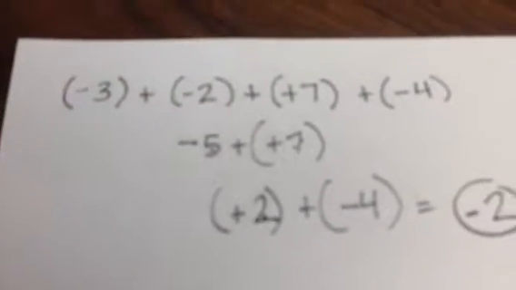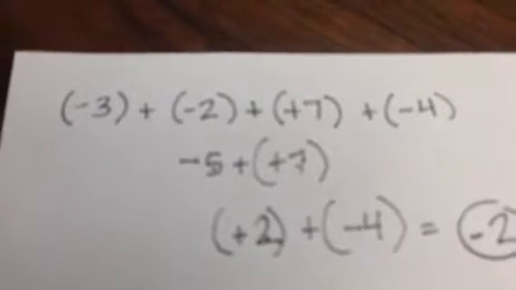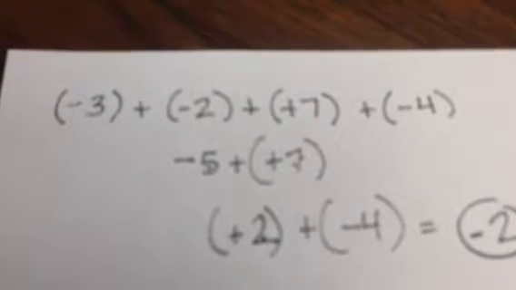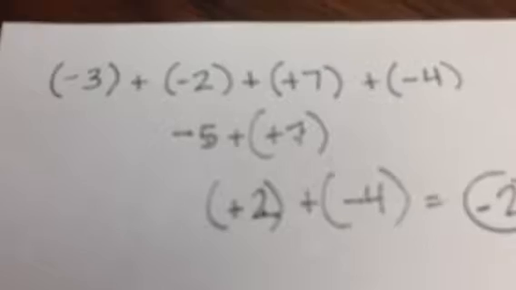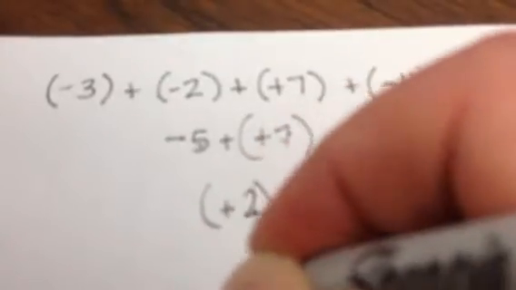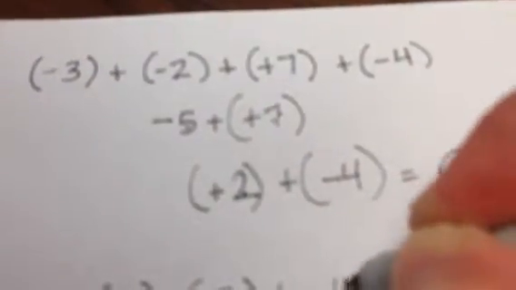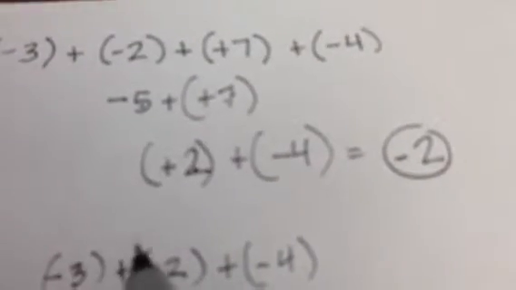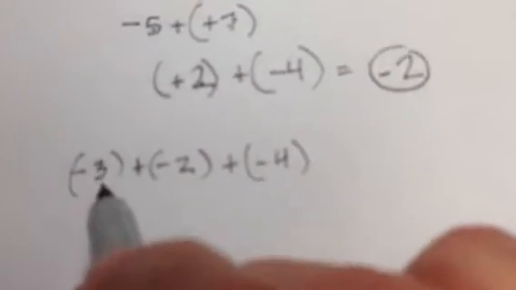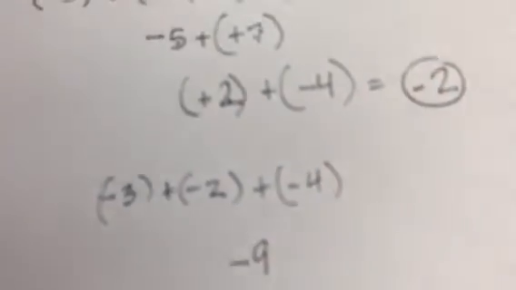Now, I could have simply used my commutative and associative properties and rearranged the terms and added all the numbers with the same sign first, right? So I could have done negative 3 plus negative 2 plus negative 4, and that is going to be negative 9, right?